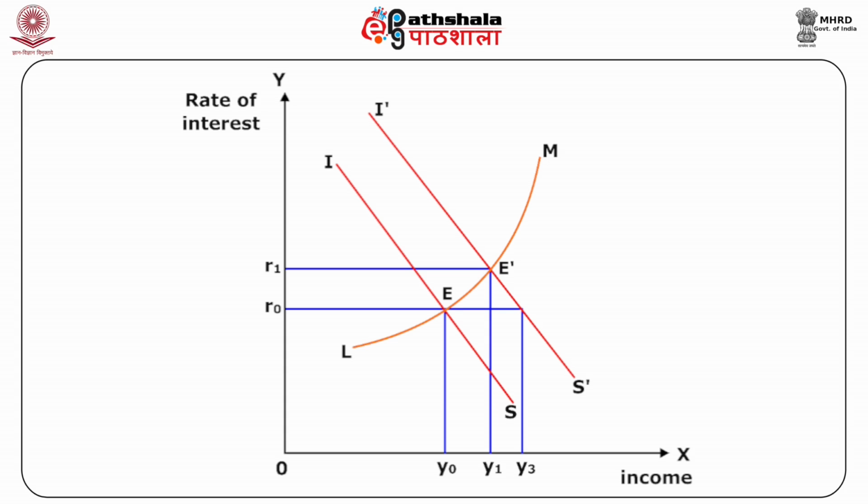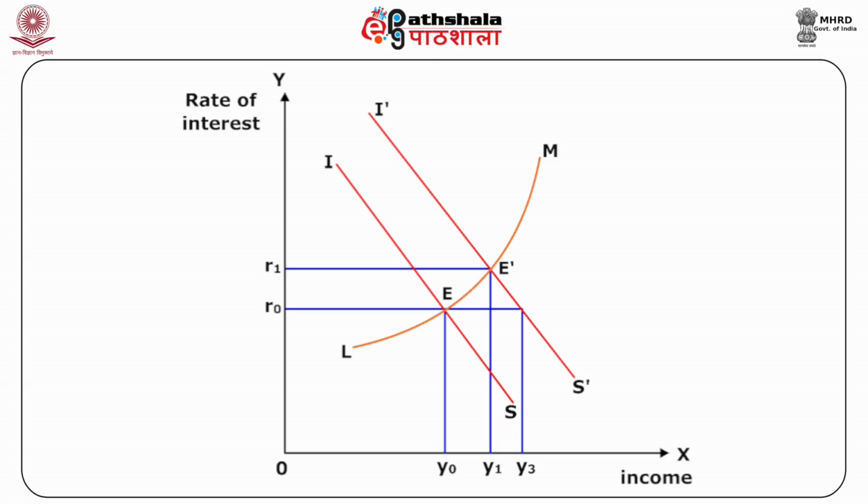The rate of interest has gone up from R0 to R1, and correspondingly the level of income has gone up from Y0 to Y1. Suppose we were to consider the original rate of interest R0, then what would happen?